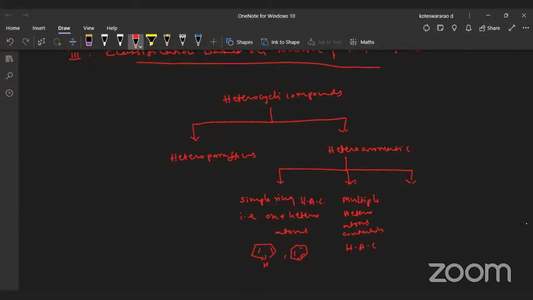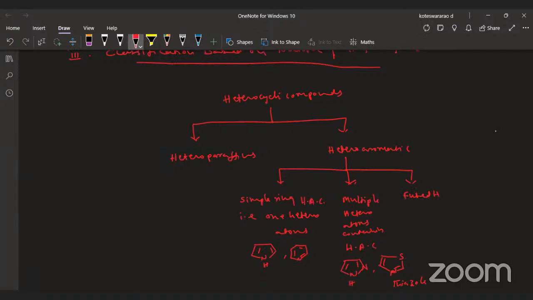For example, here the nitrogens are there. This is called diazole, 1,2-diazole. Another example, here one nitrogen is there. This is called thiazole. Next, fused heterocyclics.